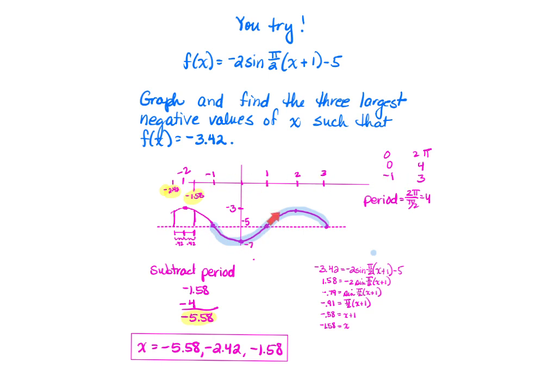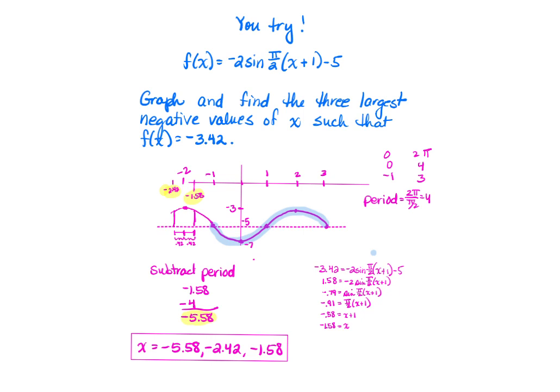And I found my critical values, and I drew sine. I shifted my x-axis down 5. I remembered the amplitude of the sine function's 2, but it's reflected, so it goes down 2 first, and then back up and around. The next thing I did was I set my function here equal to negative 3.42.